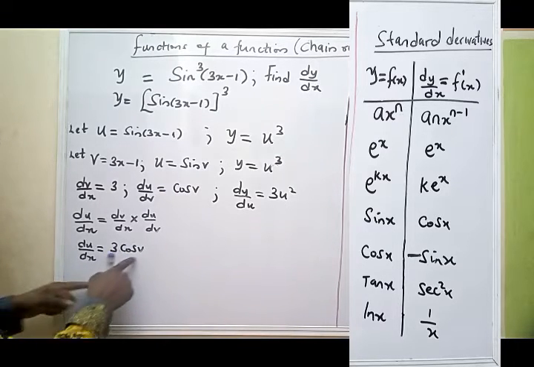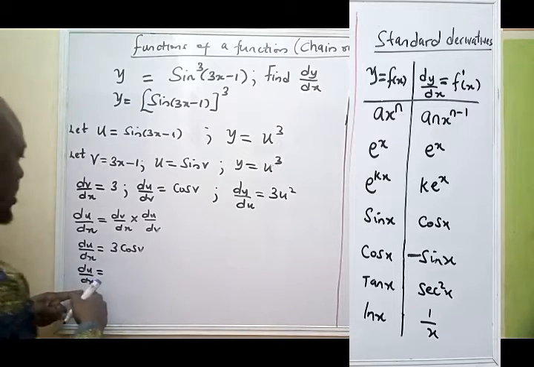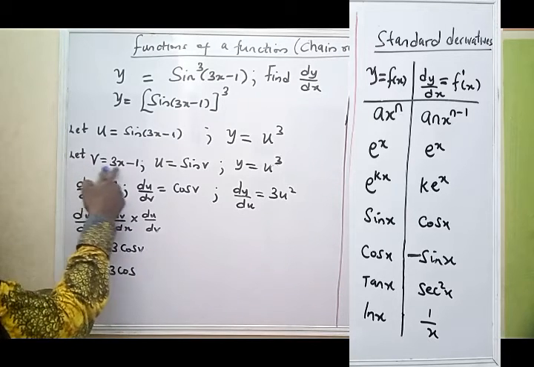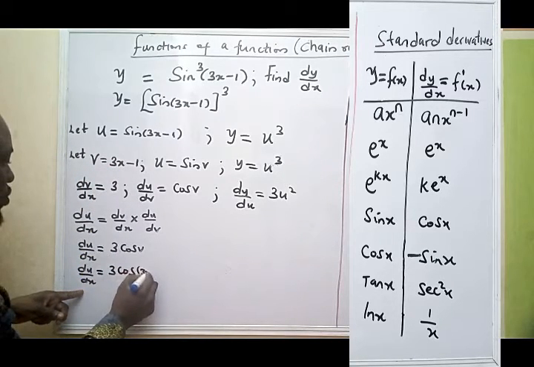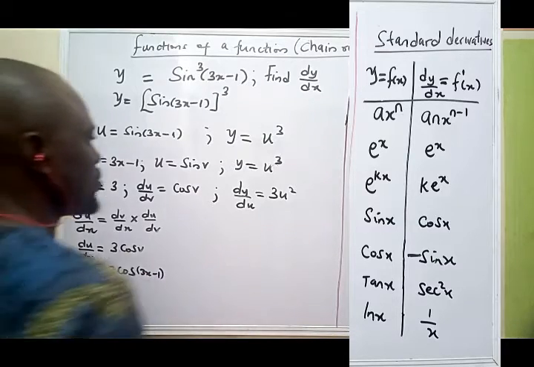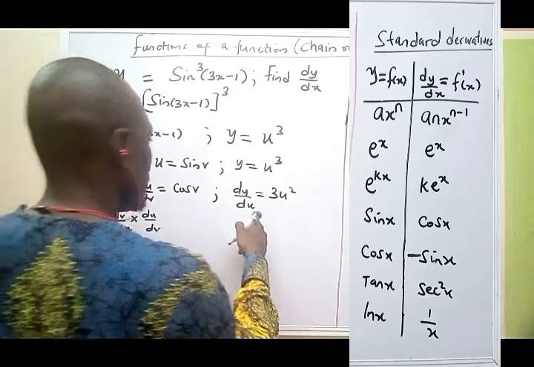But my answer needs to be in terms of x rather than in terms of v. So this will be 3 cos, and what is v? I'll go back: v is 3x minus 1. So 3 cos (3x minus 1).